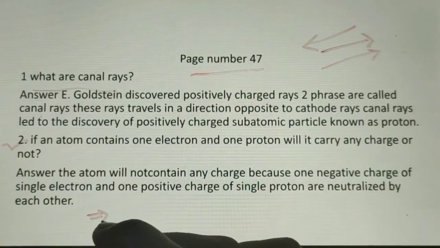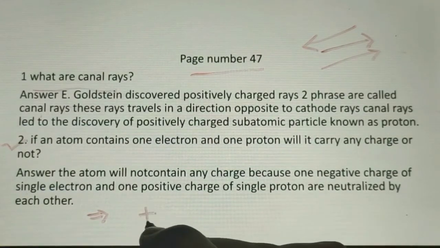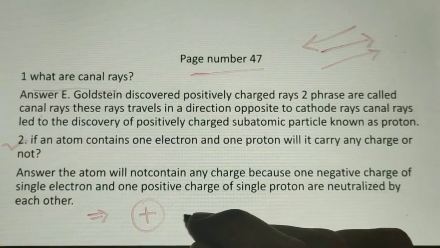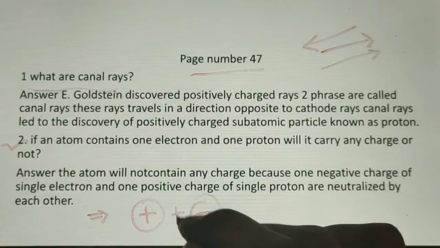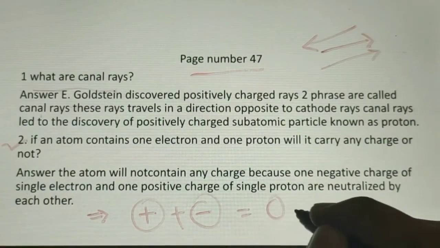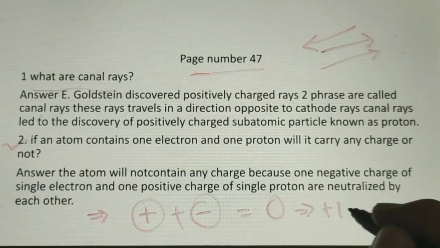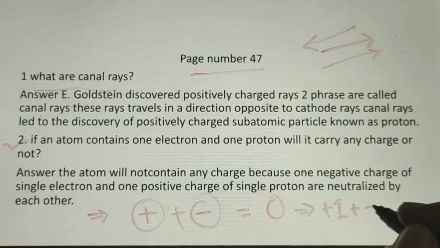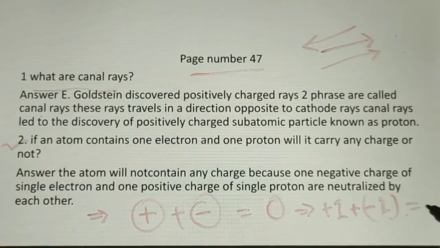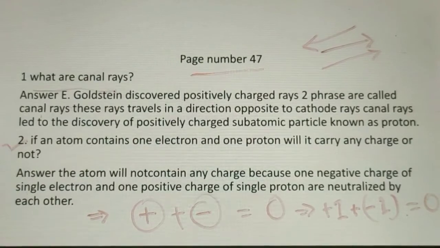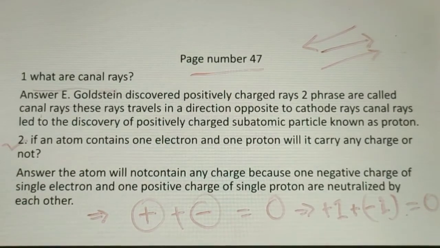If one positive charge and one negative charge are present, the sum will be 0, as +1 and minus 1 gives 0. So the positive and negative charges are neutralized by each other.